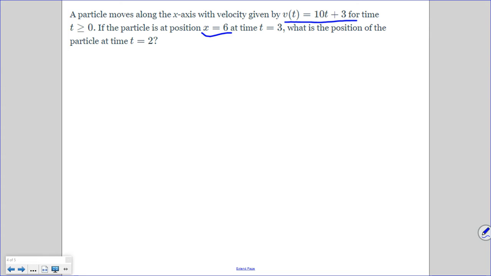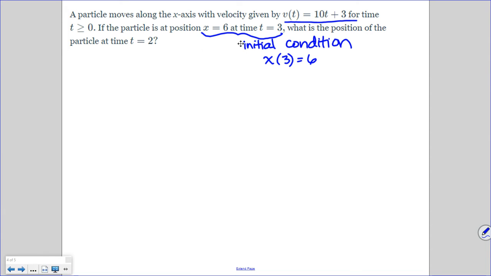Right here, they're giving you a position and a time. This is the initial condition that they're giving us. So they're telling me that x of 3 is equal to 6. So the position at time 3 is 6.